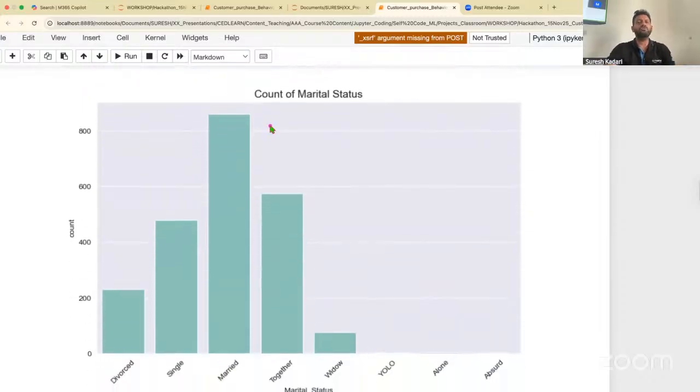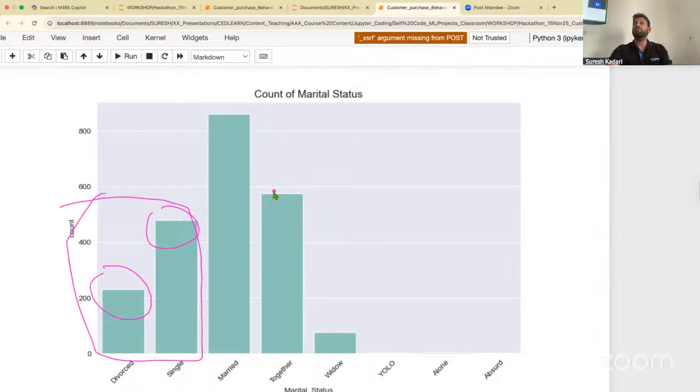Then count of marital status. How many are married, divorced and single. If I mix both, they will be more than married. Divorced, single, unmarried and divorced, technically they have the same status.